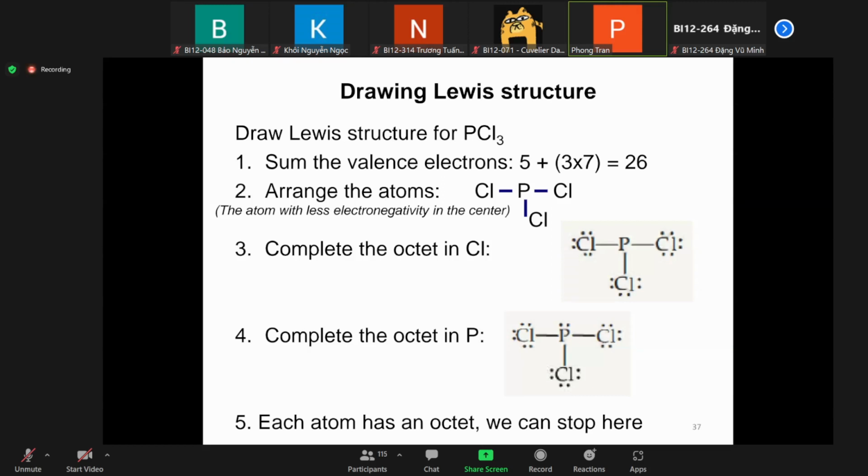And then you complete the octet rule for the chlorines. Here you have 2 electrons, 2 electrons, and 2 electrons, because you have 2 electrons already for the single bond.